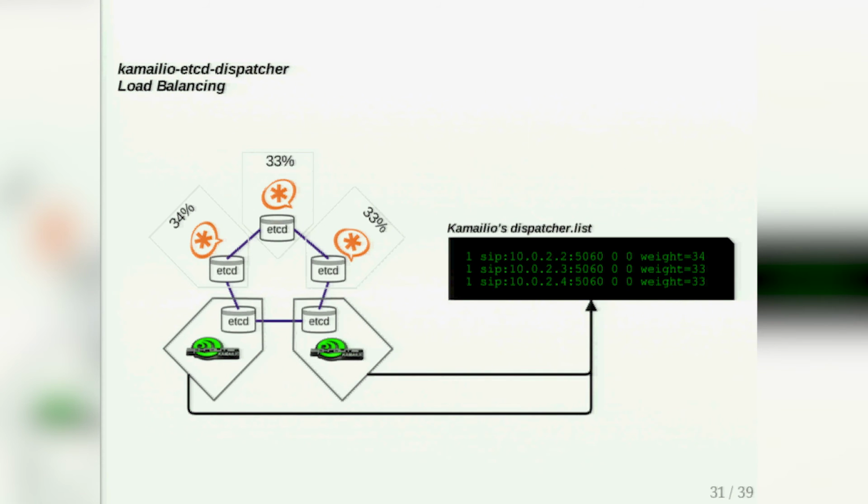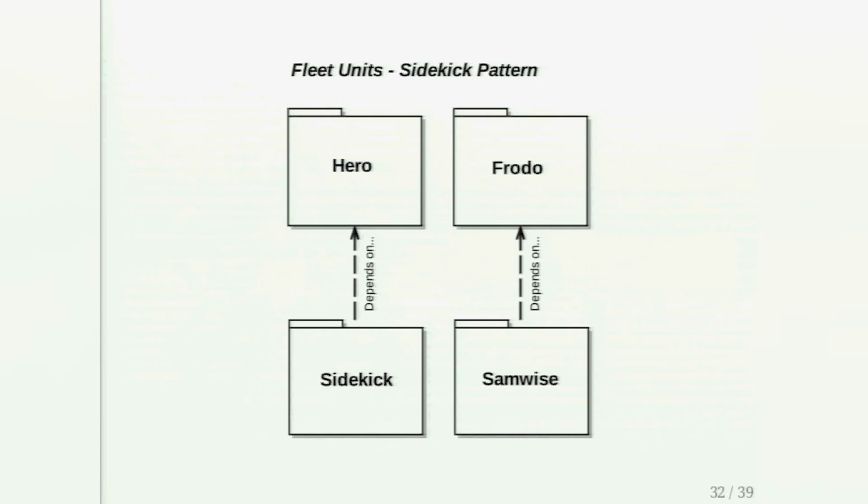We put these together by using a pattern that's called a sidekick pattern, and that is one process that depends on another using fleet units. So you kind of have your hero process and its sidekick. So if you had a process called Frodo, you could also have its sidekick Samwise, and you could use those to simply walk into Mordor.